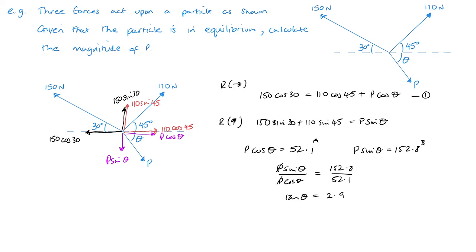So 2.93. So theta is shift tan, 71.2 degrees to three significant figures. And I'll save that as C.